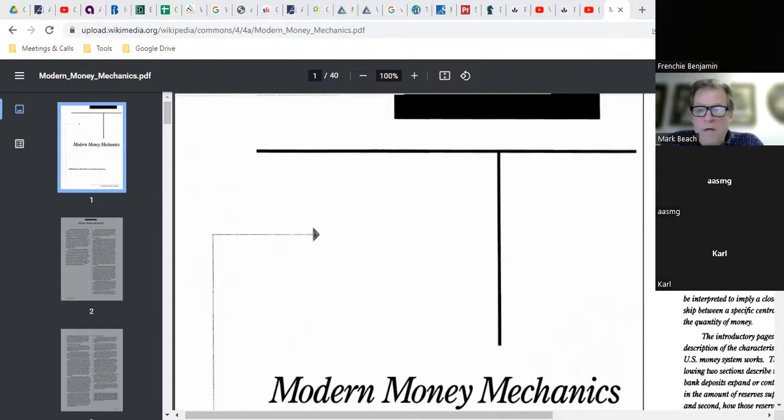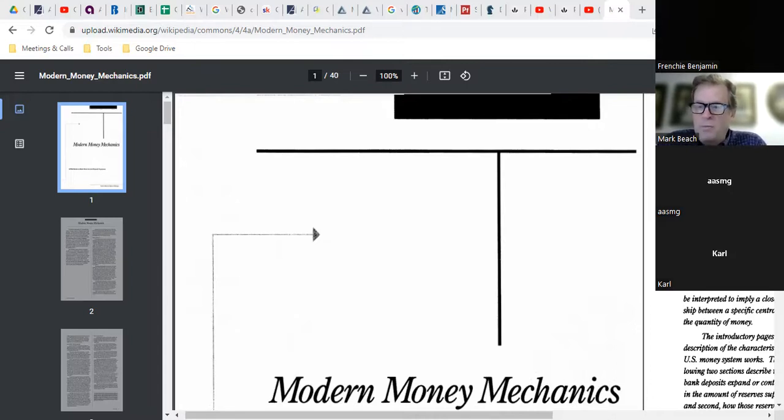You can't look at a $1 bill and say, oh, well, that was somehow printed because we needed more $1 bills, and then look at a $10 bill and say, oh, that one was borrowed into existence. Every single dollar is borrowed into existence. And so when you look at that fact, now let's look at the definition of inflation.